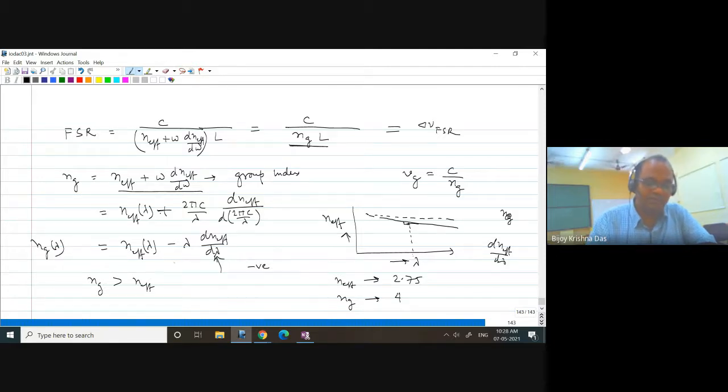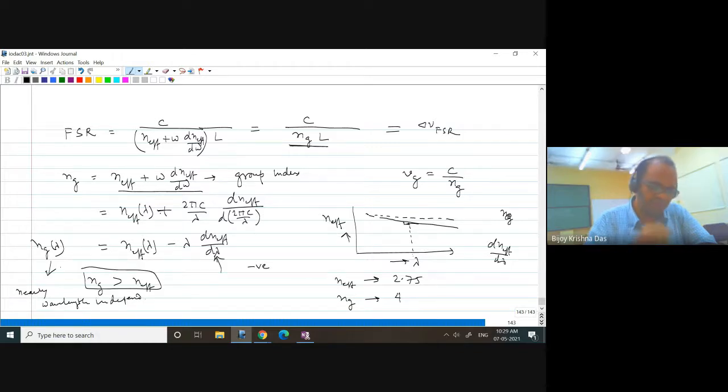But you can define that n effective may be wavelength dependent, yet you can design a waveguide parameter such that Ng is nearly constant. You can design a waveguide where n effective may be dispersive, but Ng is nearly wavelength independent. That is highly possible sometimes.